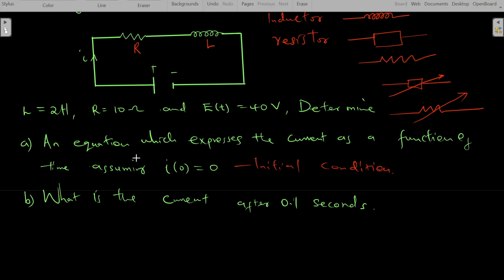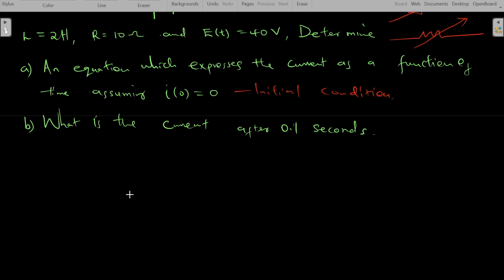Our first step is to write the first order ordinary differential equation that we got from Kirchhoff's voltage law: L di/dt plus Ri should equal E of t.